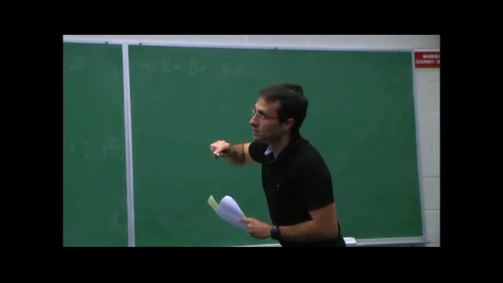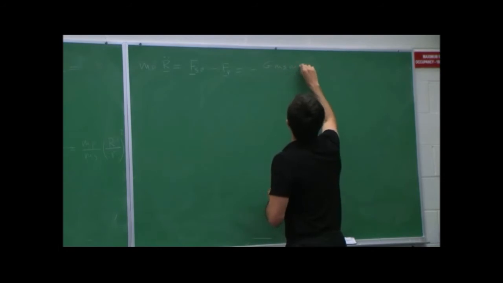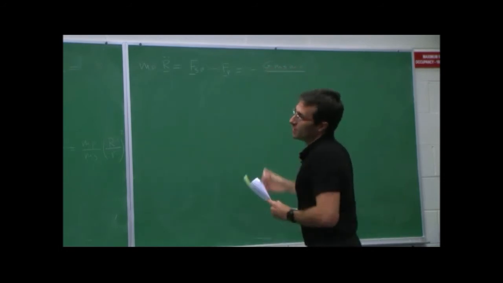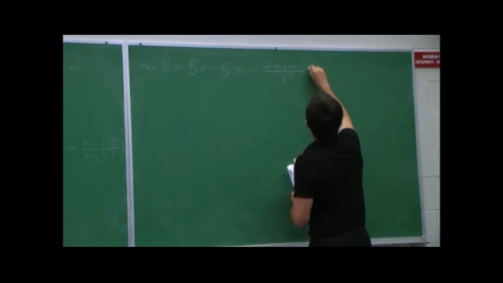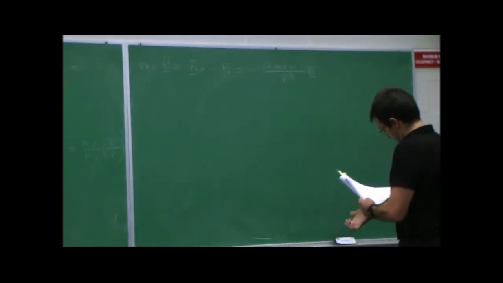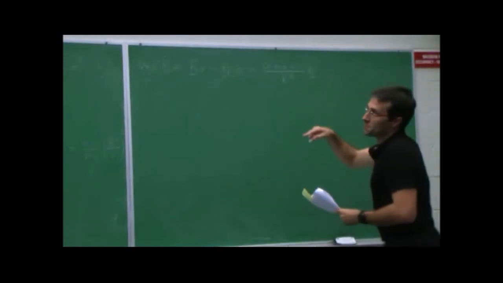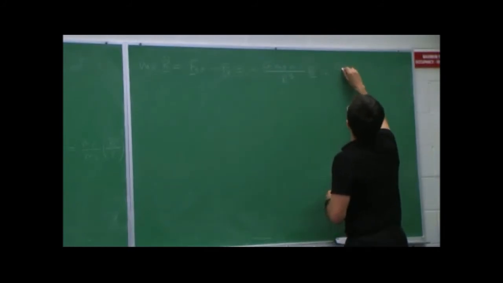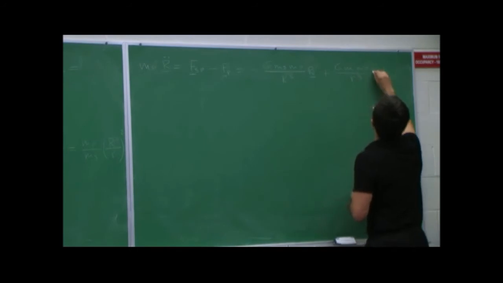What is F_SP? Minus G m_s m_p over big R cubed, big R. And then I have plus G m, m of the planet, over little r cubed, r.